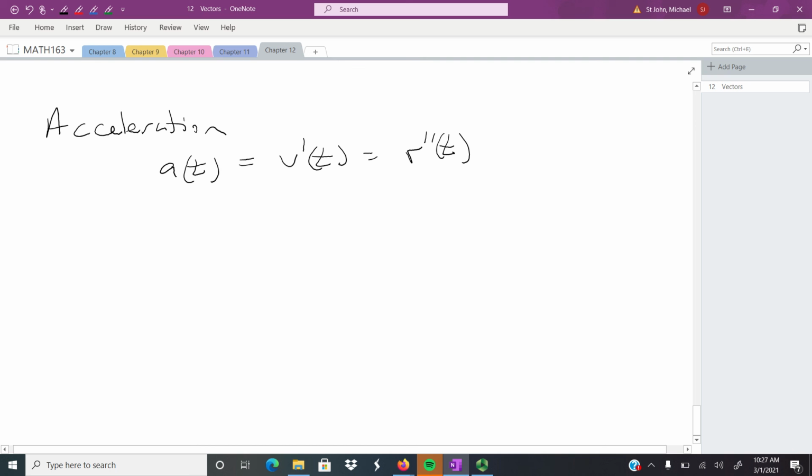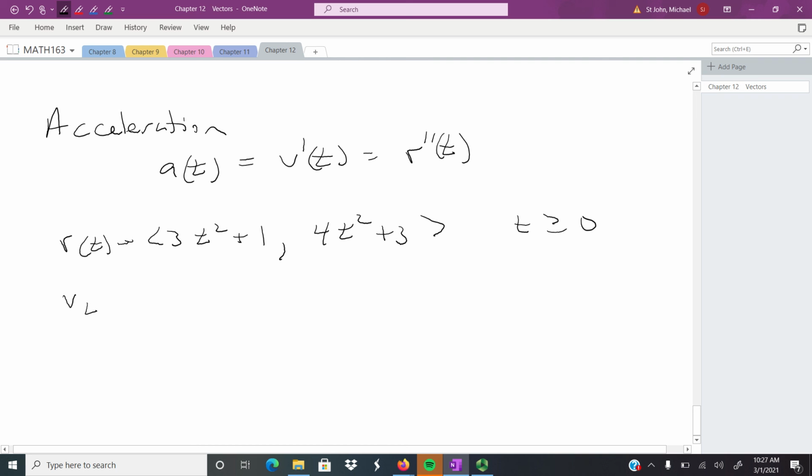All right. So let's look at an example of this. So let's say the position function is given by this: 1, 4t squared, plus 3, and t is greater than or equal to 0. Right? So my velocity is my derivative, so this will be 6t, 8t.